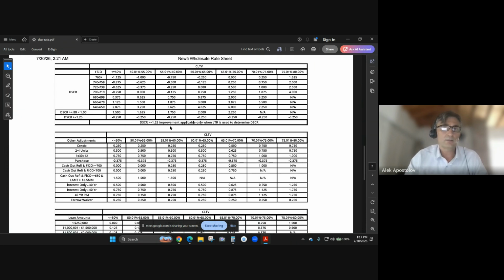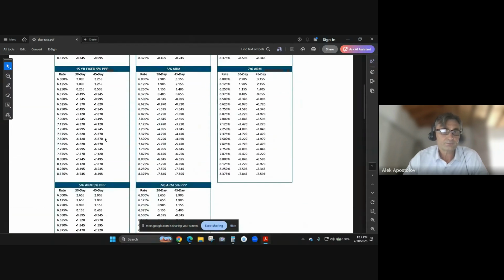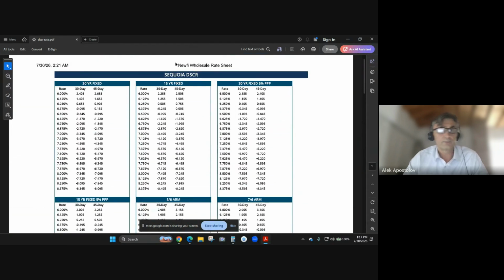Each day, every lender adjusts their interest rate, and we will receive the rate sheet. So this rate sheet is for everyone. This is the rate on a 30-year fixed DSCR mortgage for today with NewFi, and as you can see, 6.25 means that at this rate, the borrower will pay 0.655 points to get this rate.